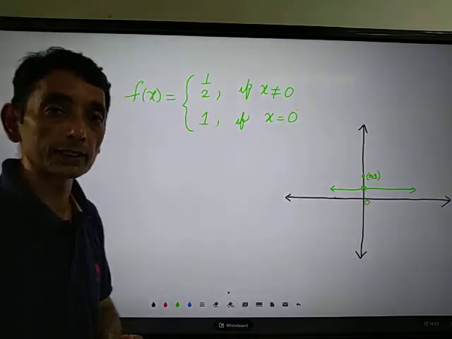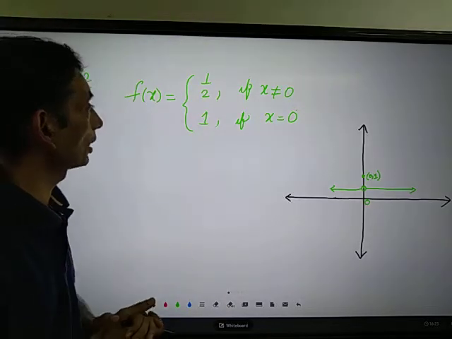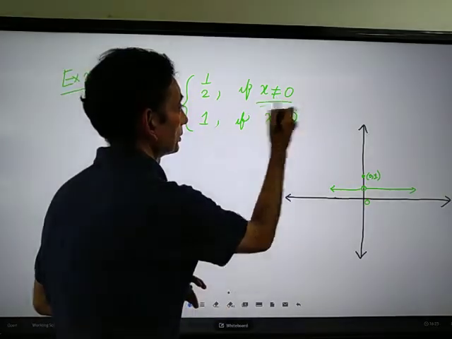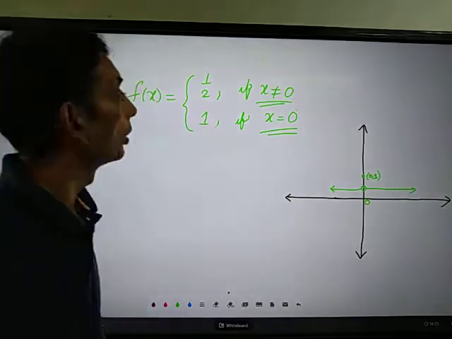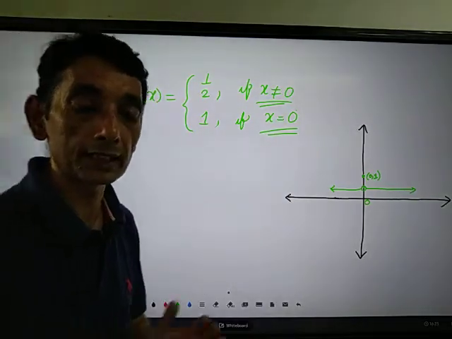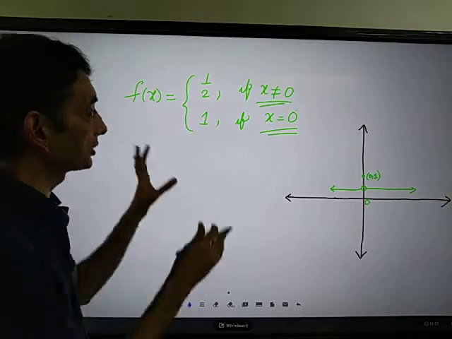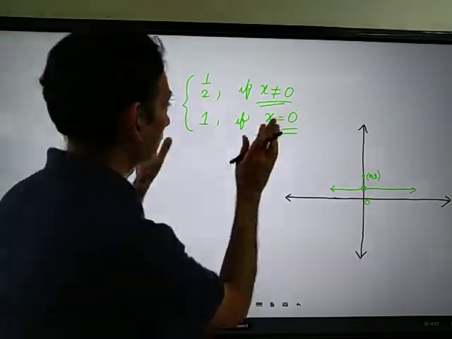This is another example: f(x) is equal to half for x not equal to 0, and f(x) equal to 1 for x equal to 0. Like the previous example, we are going to find the limits at x equal to 0.